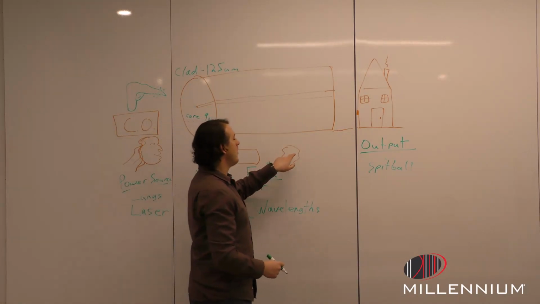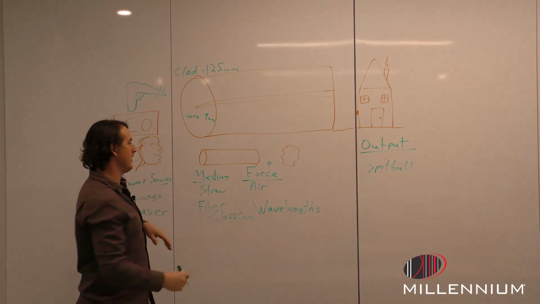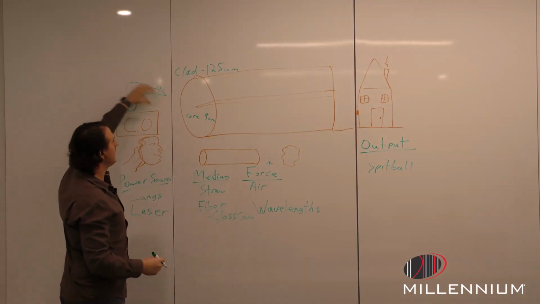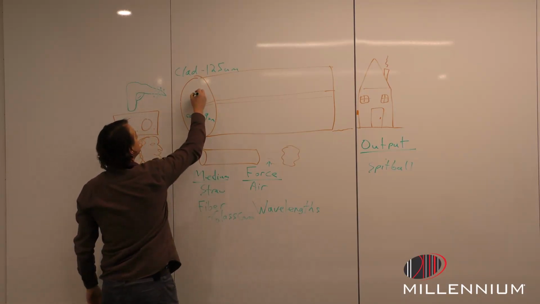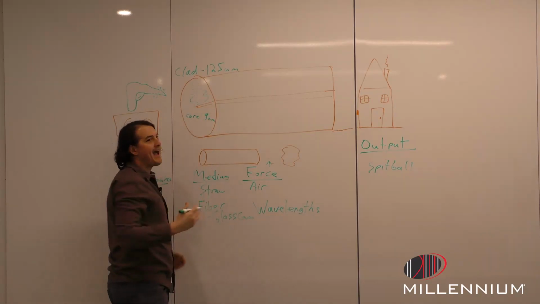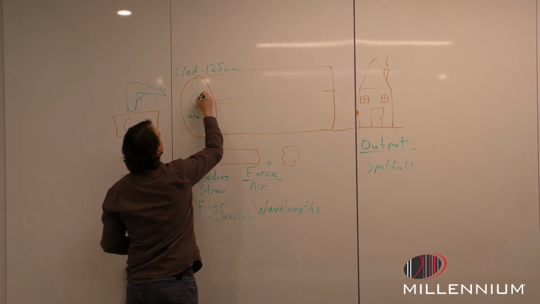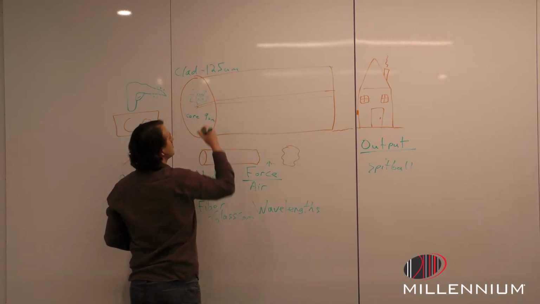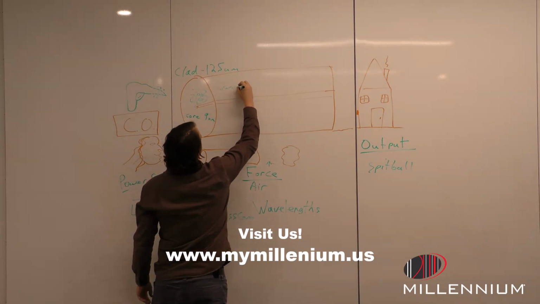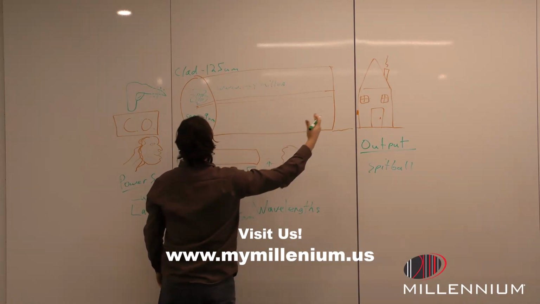We already talked about what the spitball is here, but what the heck is the spitball over here? Basically, the spitball that we're injecting, this spitball that we're putting into this fiber cable, is a packet of information. It's a bunch of ones and zeros. And these ones and zeros turn into www.mymillennium or whichever website you want to go to.